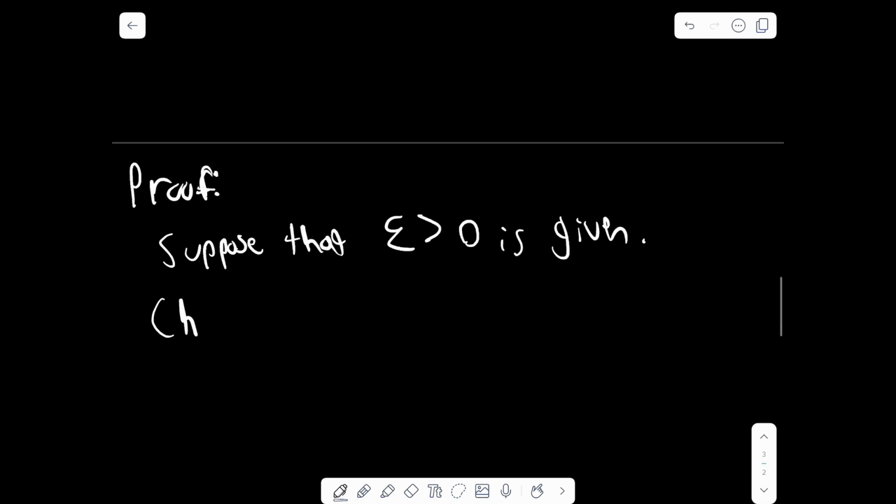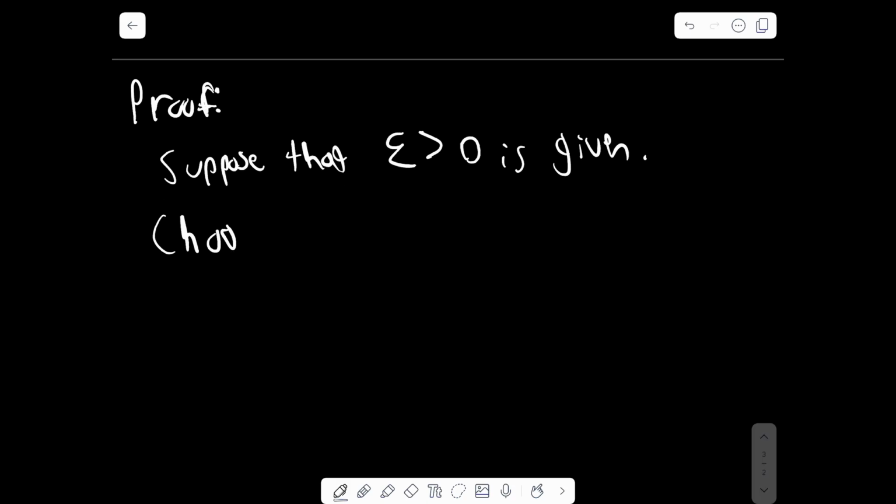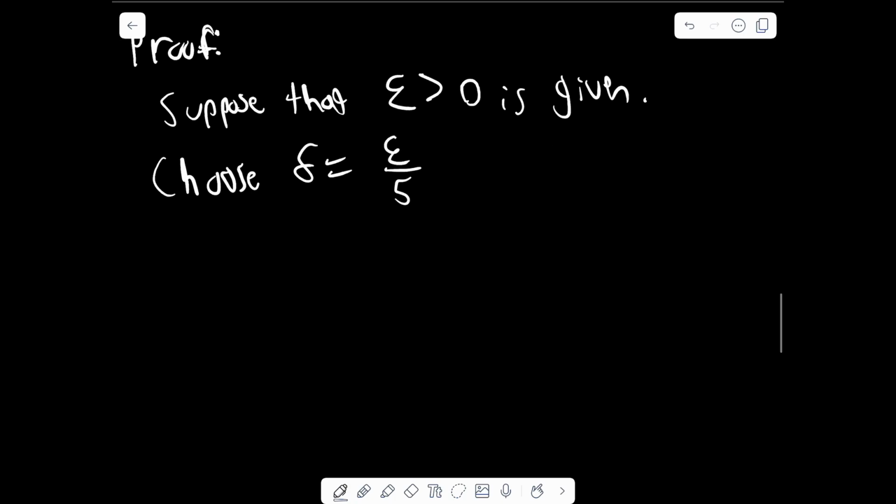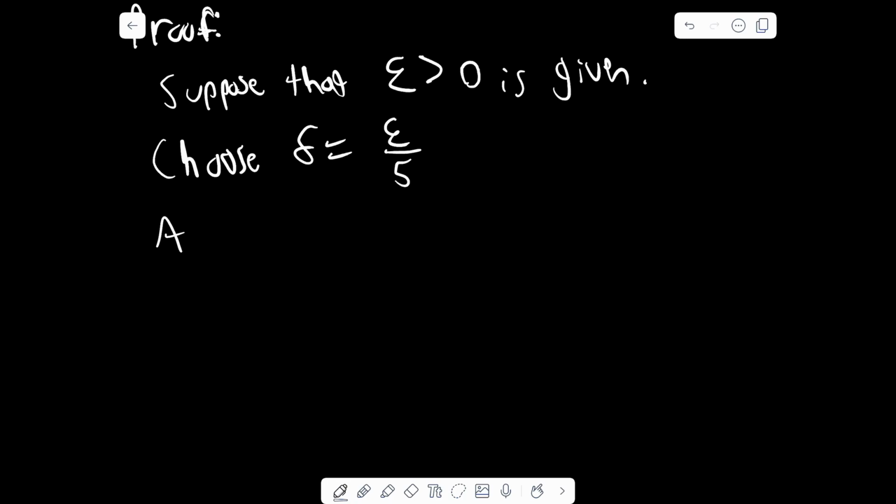This is our delta value. We're going to choose our delta is equal to epsilon over 5. And the last part to set this up is we're going to assume that the absolute value of x plus 1 is less than our delta value that we're choosing, epsilon over 5.